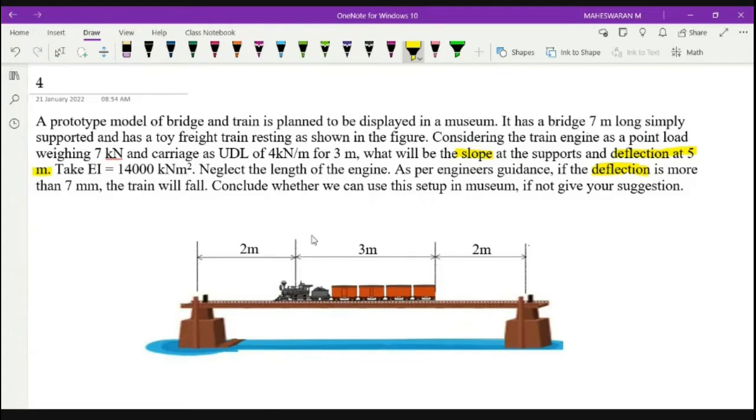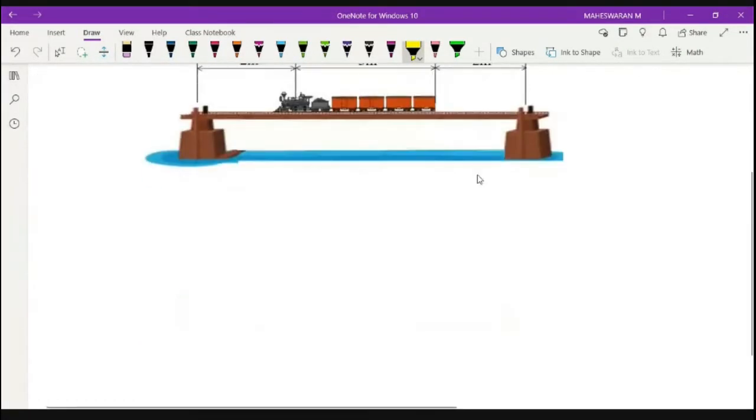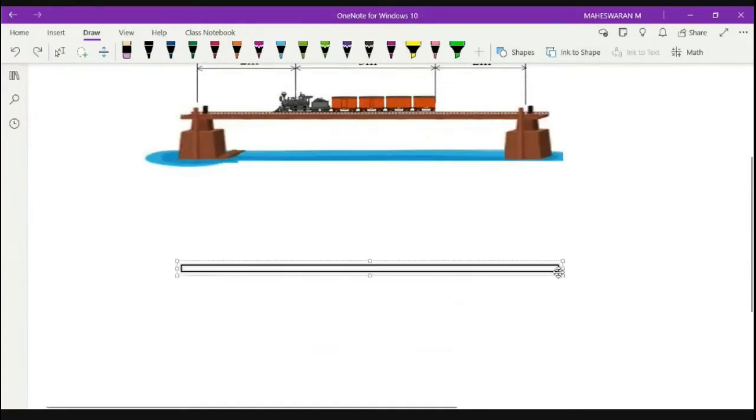This is the main question, which has an application diagram that has to be converted to a free body diagram. So how to convert this into a free body diagram? Let me do it here. This box is simply supported, which means this side you have a simply supported support, and this side is also simply supported.